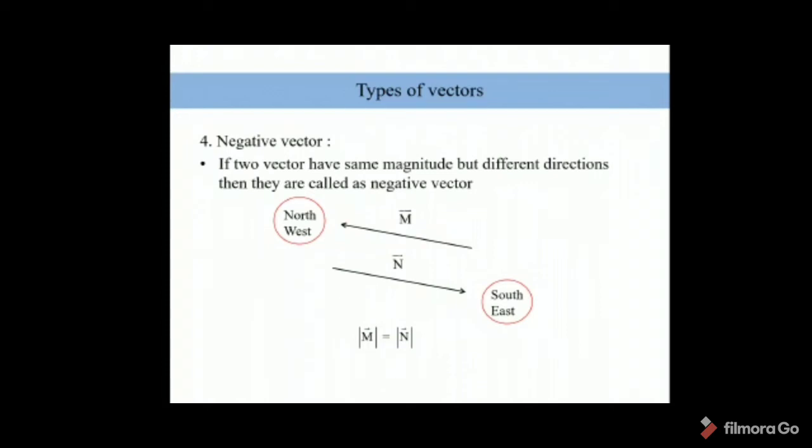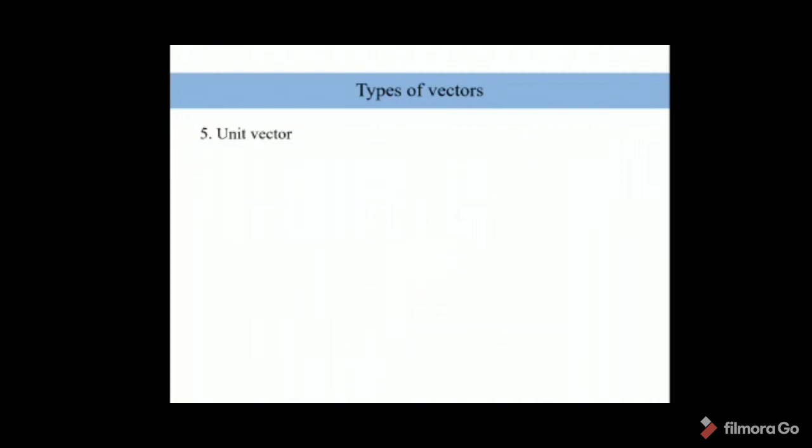So first of all we have studied equal vectors, then we have seen like vectors, unlike vectors, and then we have talked about number 4, which is a negative vector. Okay, the next one, a unit vector. What is a unit vector? A unit vector is very simple, a vector whose magnitude, that means modulus of vector, is equal to 1.